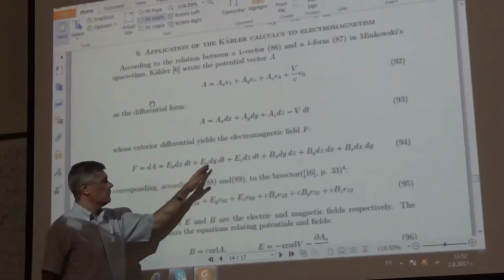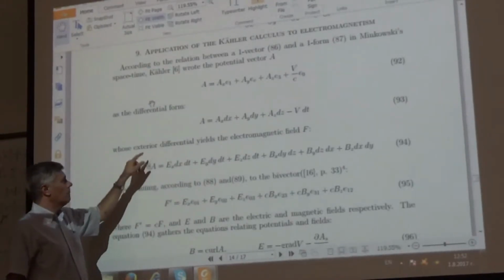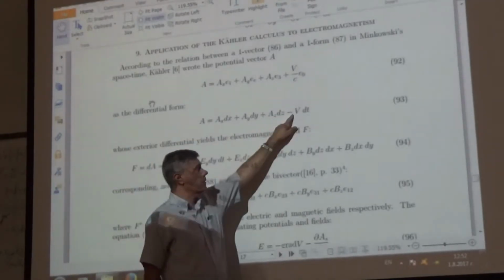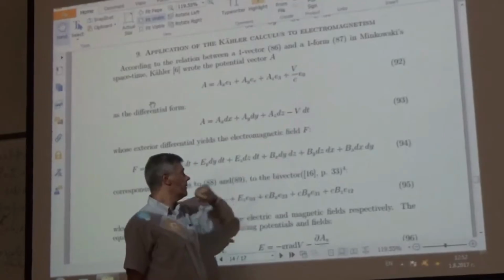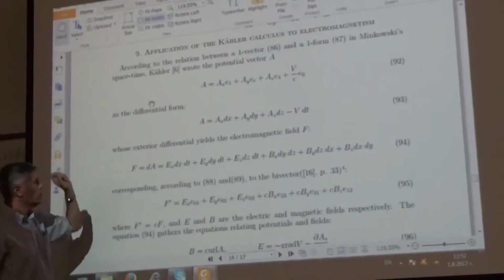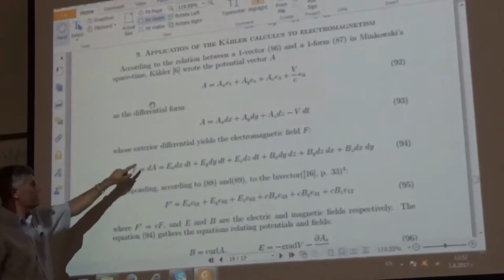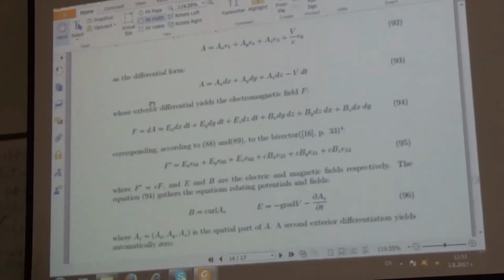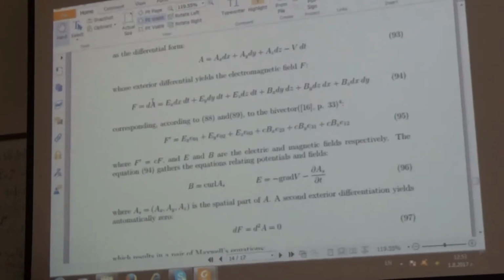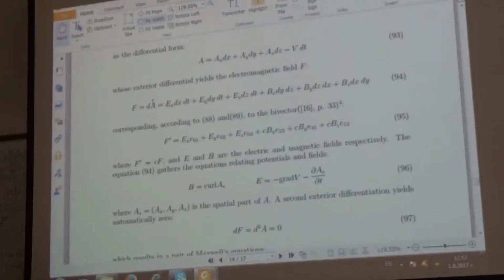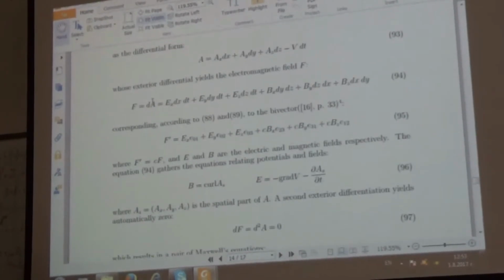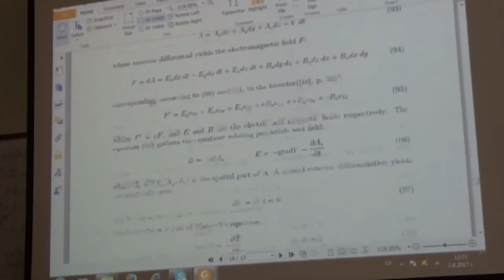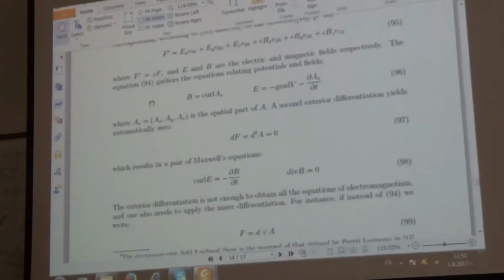It is a differential form obtained from the vector potential, which is a differential one form, but with a minus sign here. Okay, not only as an external differentiation, but as a general differentiation. External differentiation only yields some of Maxwell's equations, but all the Maxwell equations are written with Clifford differentiation.